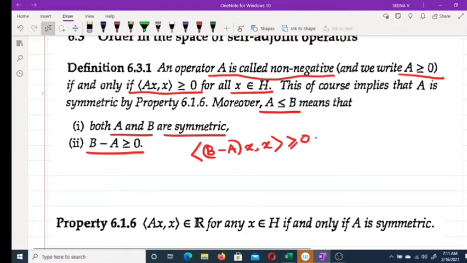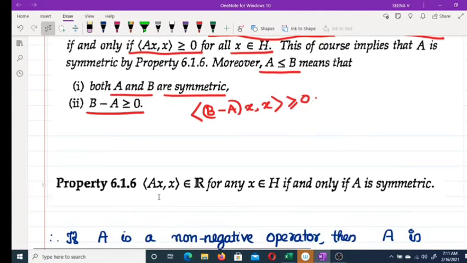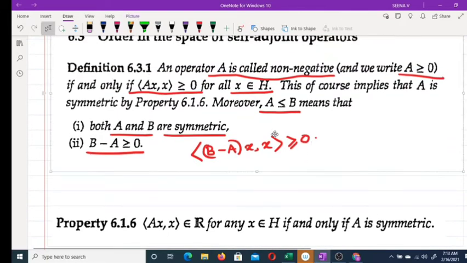So if you look at our property 6.6, inner product (Ax, x) belongs to R for any x belongs to H if and only if A is symmetric. Now from this definition, an operator A is non-negative implies inner product (Ax, x) is greater than or equal to 0, which is clearly a real number.